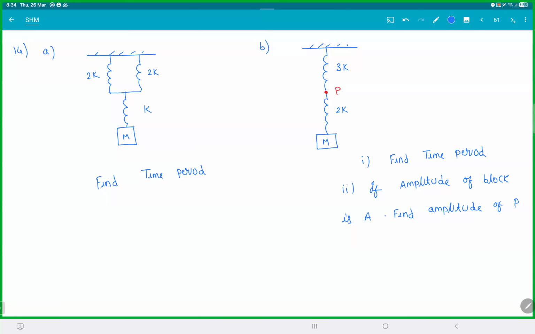You guys remember, right? Last time we did series, parallel, all that stuff. The first was easy. The second one, amplitude, that's what I'm more keen on.